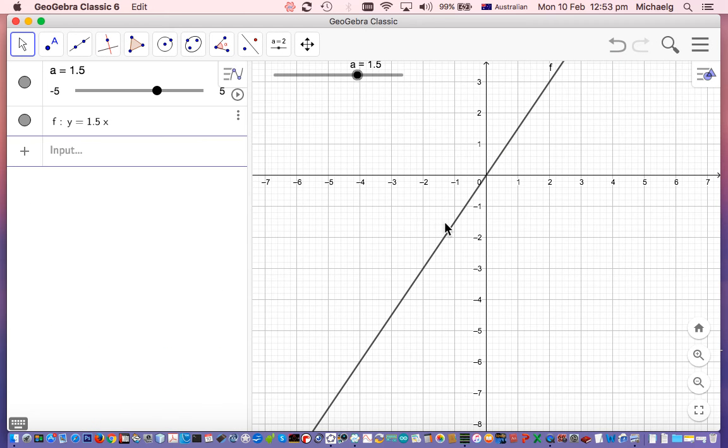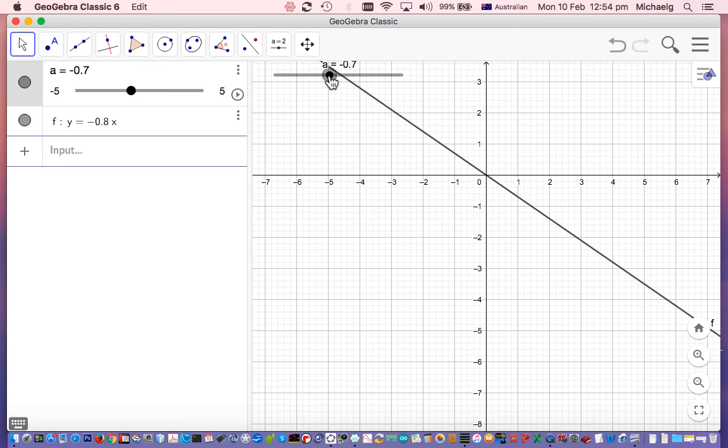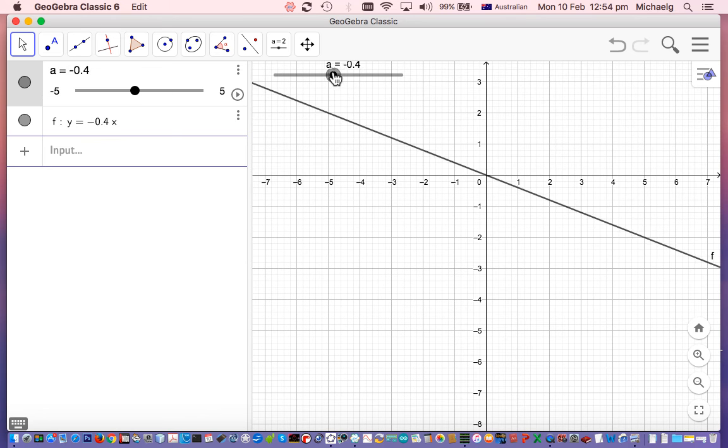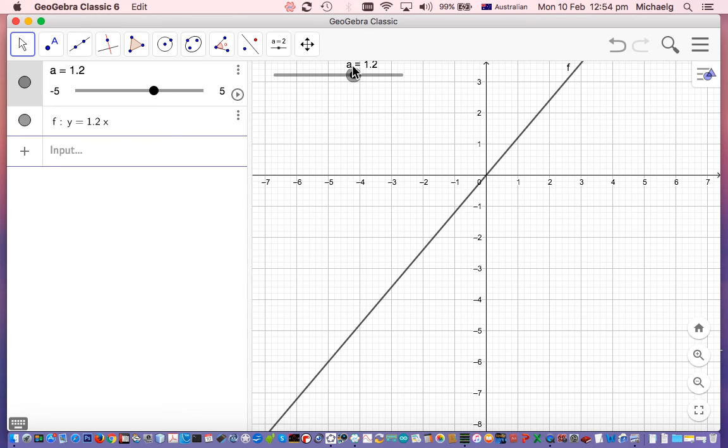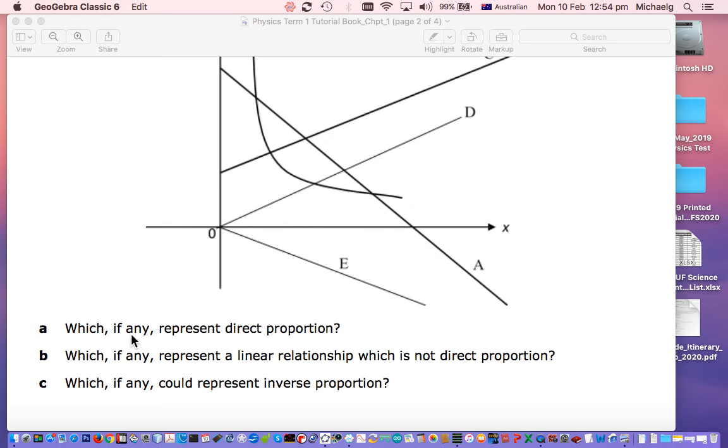This A value here, we often use alpha, but I've just called A. This is the constant. So the constant can be negative. It must always go through the origin, and it produces a straight line. So D and E represent direct proportionality.